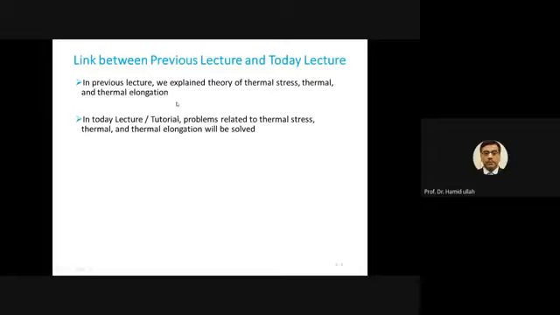Solving numerical problems is very important. Why do we teach theory? Theory of any topic is taught so that you can be in a position to solve a real-life problem. This is the importance of theory.